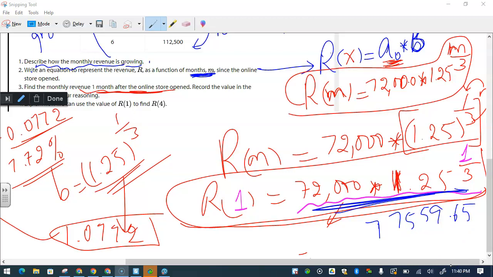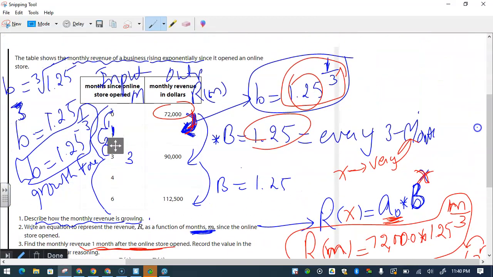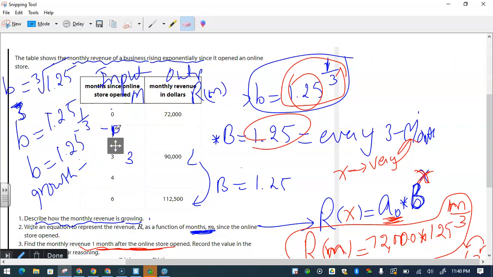So this number will go in the table right here. Okay, so if I clean this off and I put 1 month, this is 77,559.65.